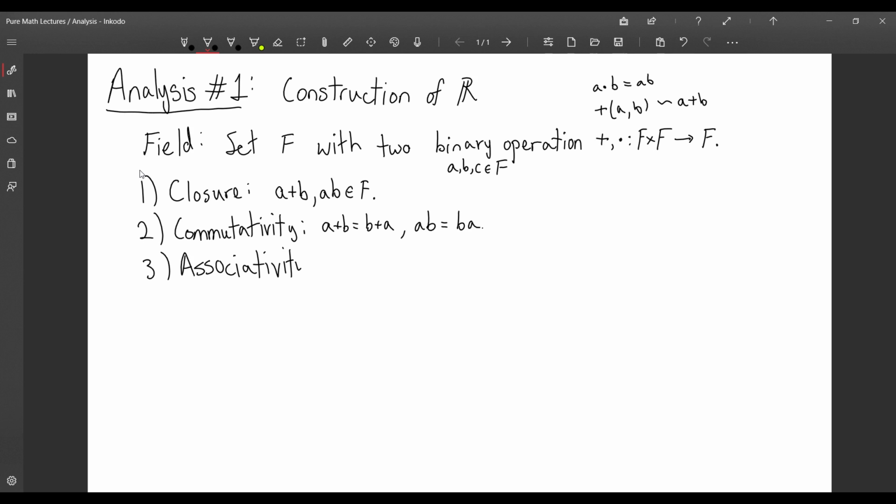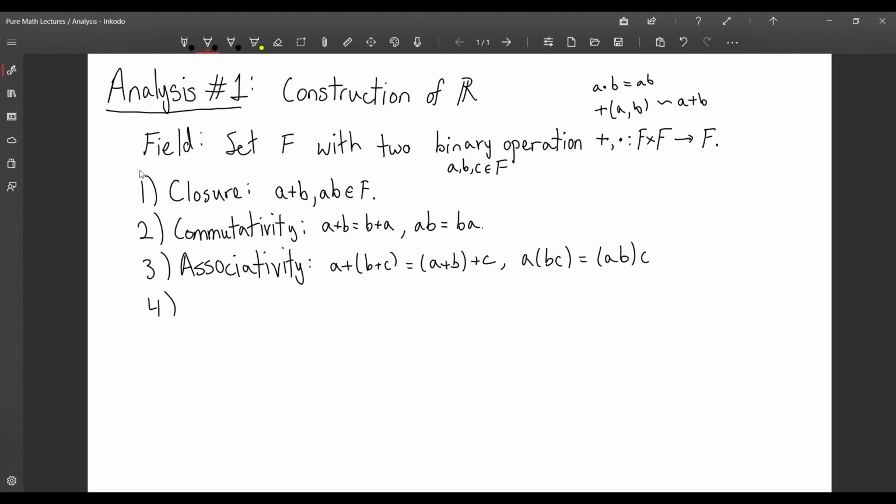The third property is associativity, which says that if I have three elements, then the order in which I operate on these three elements doesn't matter either. If I add b and c first and then add that to a, it's the same thing as adding a and b first and then adding that to c. And similarly, we have associativity of multiplication.